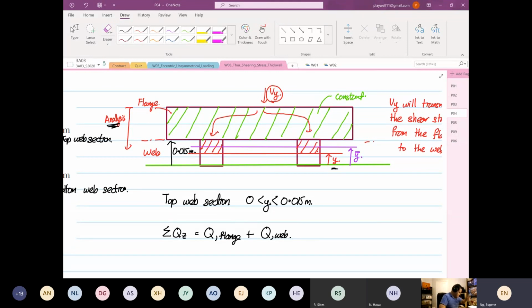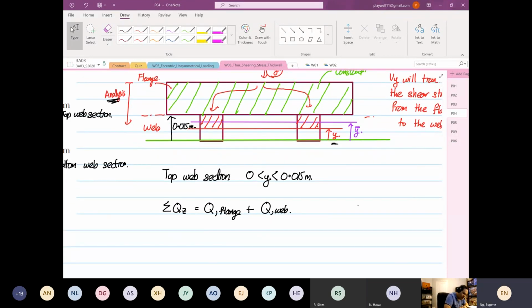Okay. So over here, the flange. So Q, the formula that I like to use is the width multiplied by depth multiplied by Y bar. Okay, so that's what I like to apply. So the width of the flange is 0.16. The depth is 0.02. The Y bar is equal to 0.035 minus 0.01.